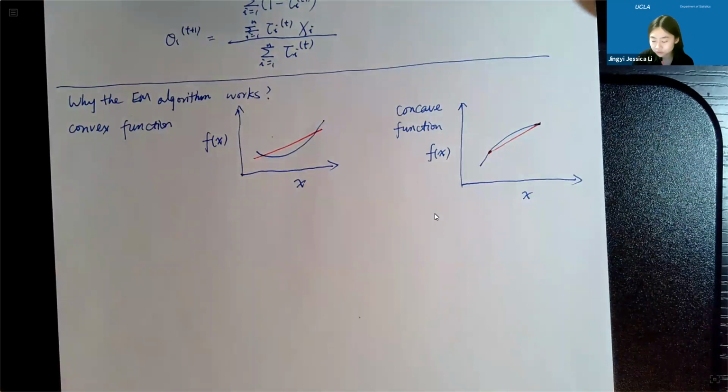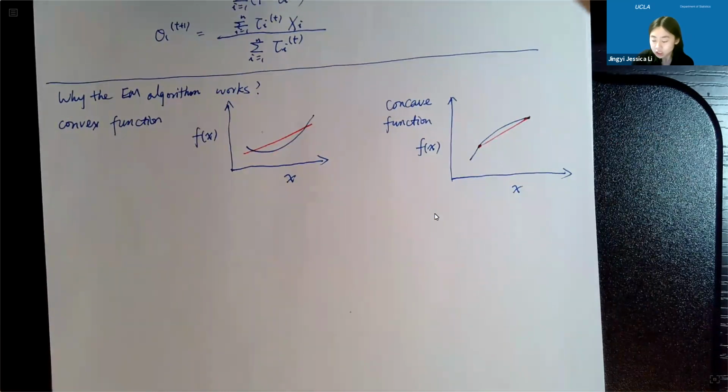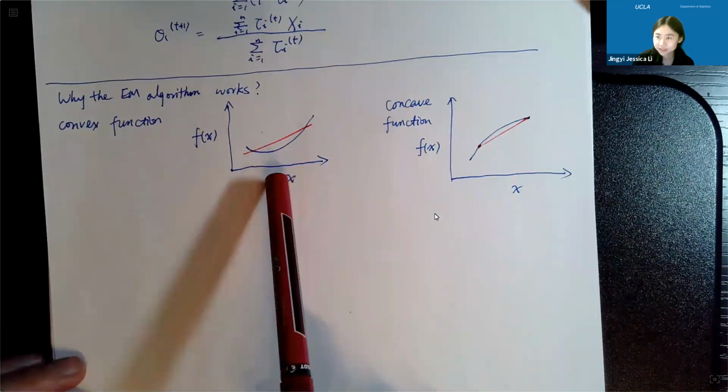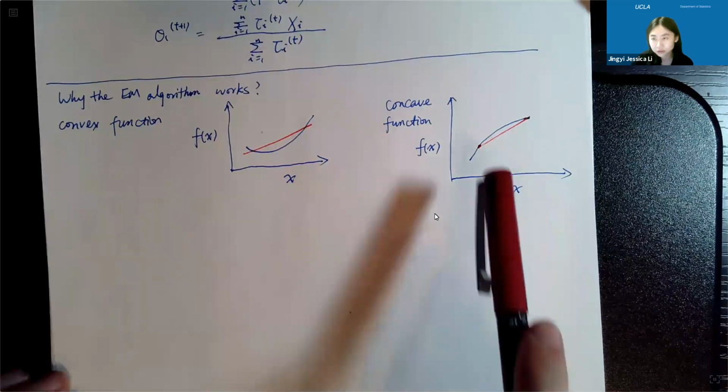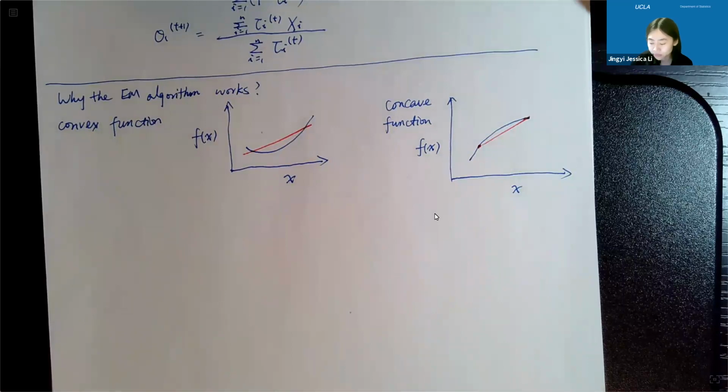These two are very important concepts used in optimization, which is to maximize a function by finding the argument. A very typical convex function is the quadratic, like f(x) equals x squared. For the concave function, a very famous one is the log function. If you take log x, it looks like that shape.